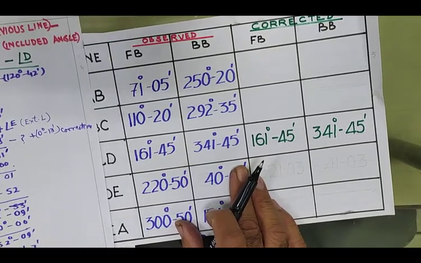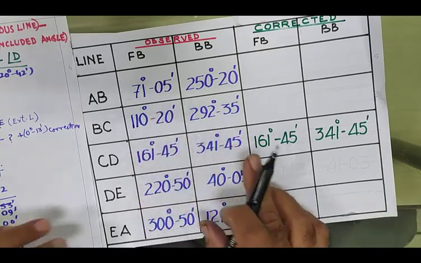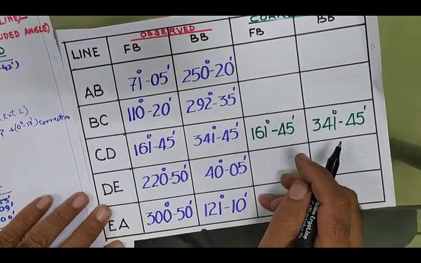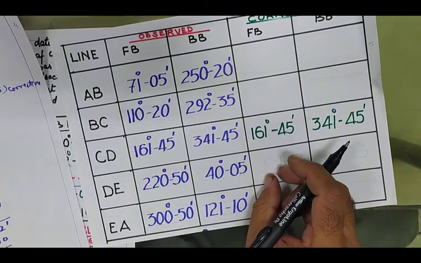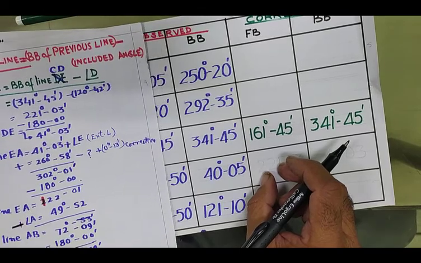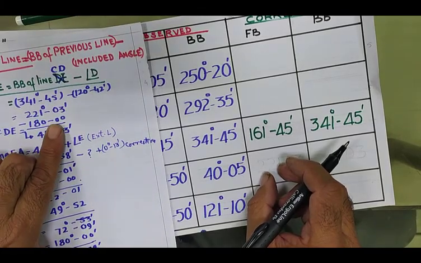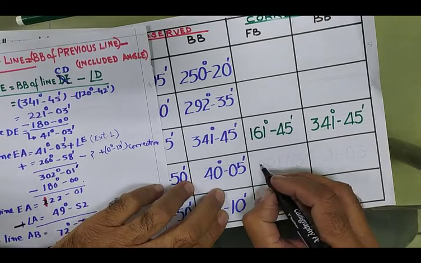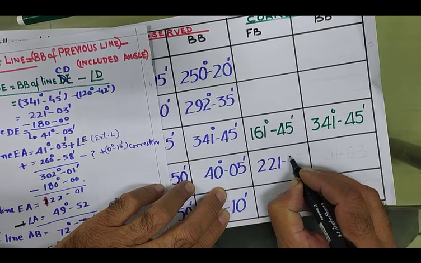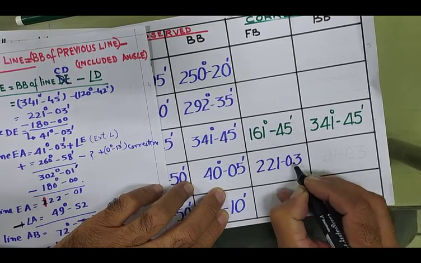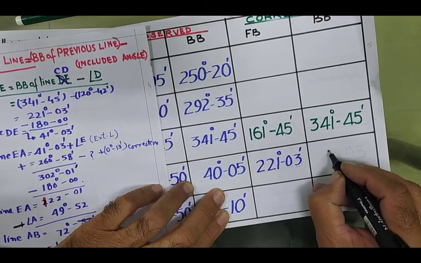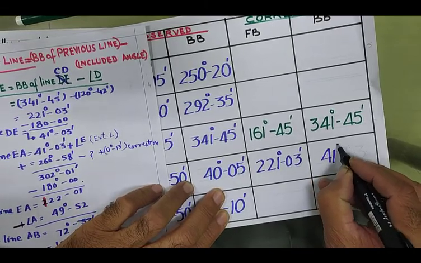Starting from here, the corrected forward bearing of line DE comes to be 221 degrees 3 minutes, and its back bearing is equal to 41 degrees 3 minutes.